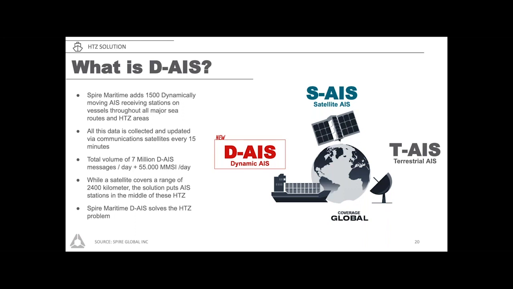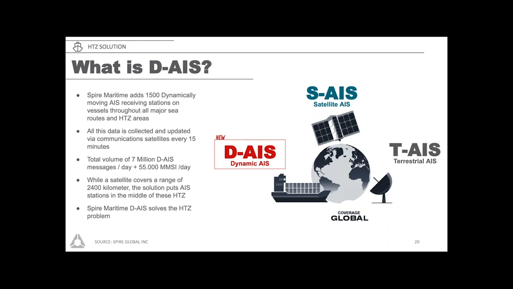This makes a volume of 7 million dynamic AIS messages a day, roughly 55,000 MMSIs a day, and 10,000 MMSIs per day that were not seen by any other AIS provider. So what that's basically giving you is each day you're able to see 10,000 more vessels that were not seen by anyone else.